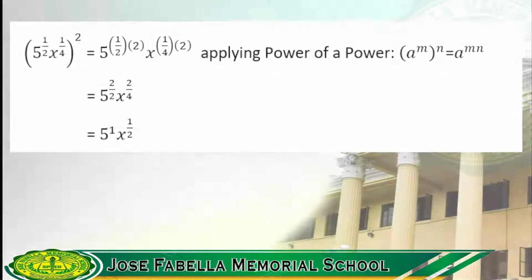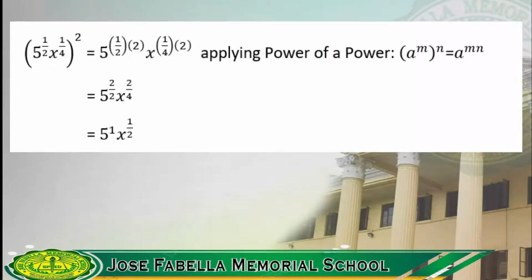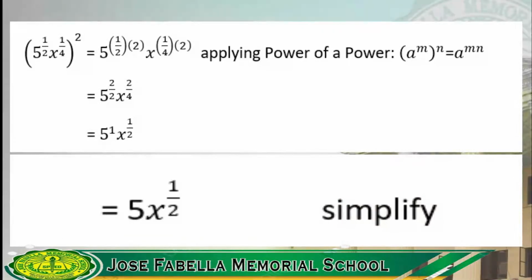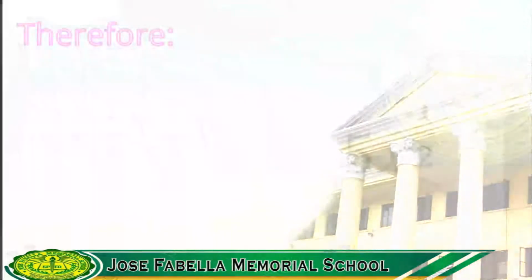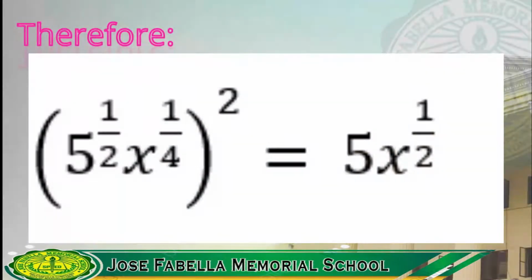Let's simplify. We have 5 raised to 1, x raised to 1/2, and the final answer is 5x raised to 1/2. Therefore, quantity 5 raised to 1/2, x raised to 1/4 raised to 2 equals 5x raised to 1/2.